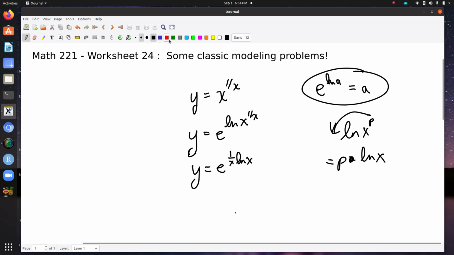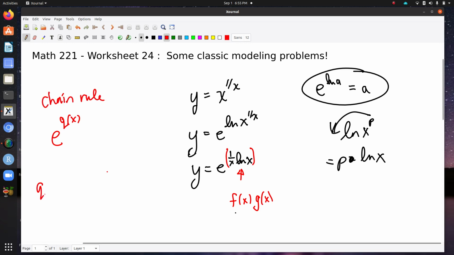So now what you're dealing with is e to some power with a function inside, but the function inside is an f of x, g of x situation. So you have a product rule inside your chain rule. So you have a chain rule, which is e to some function of x.